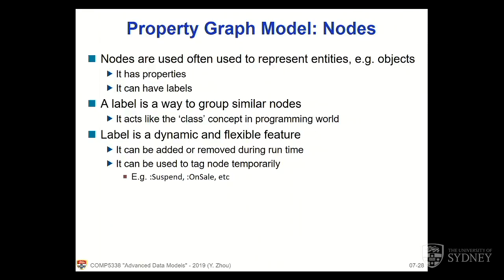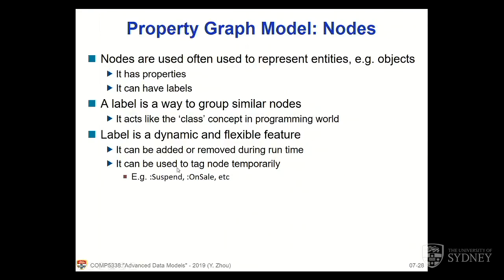You can have multiple labels, and a label is not a permanent thing. It can be removed easily. It's pretty dynamic, while a class can't be that dynamic. Once you create an object of the class, you basically just belong to the class.